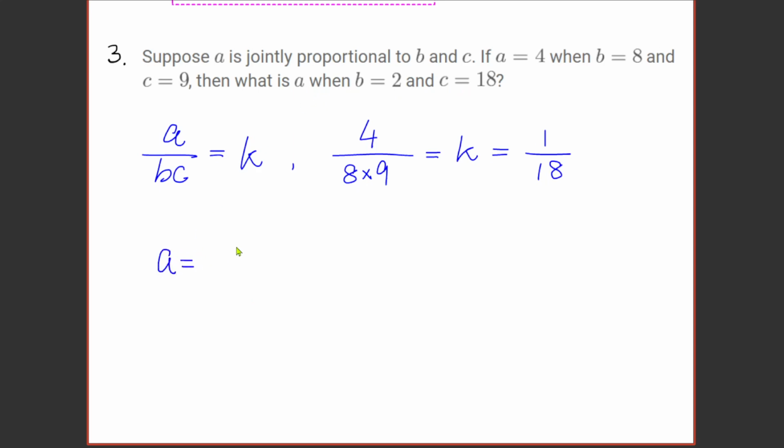So A equals B, C times K, which means when B equals 2 and C equals 18, we have already solved K, which is 1 over 18, right? Then A is 2. Any questions?